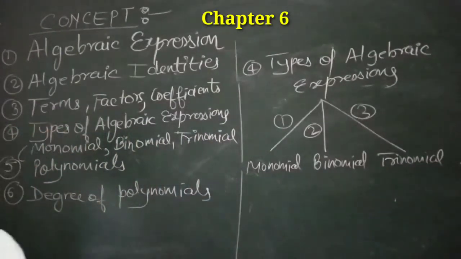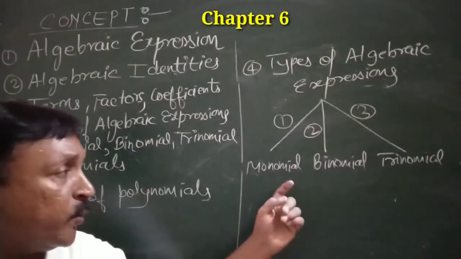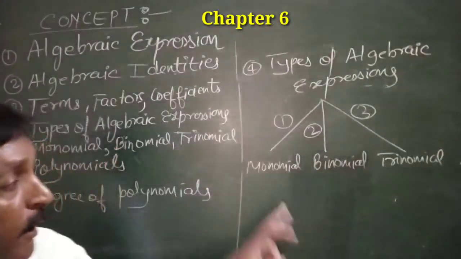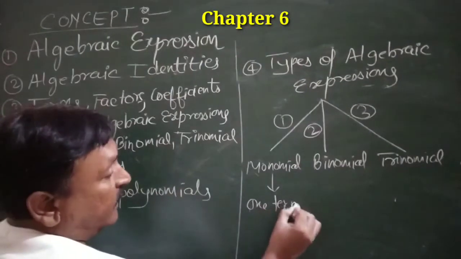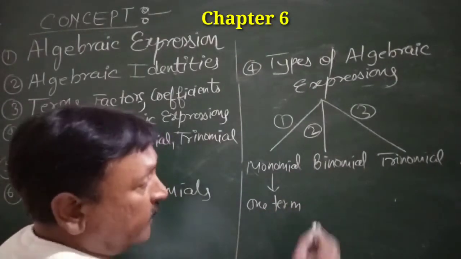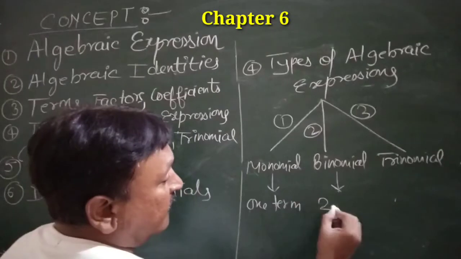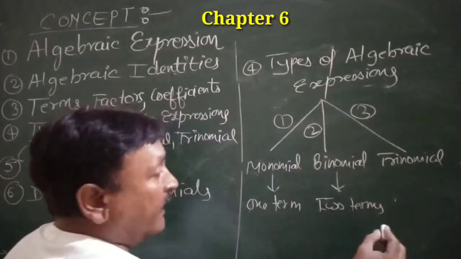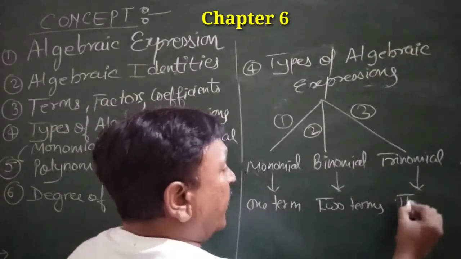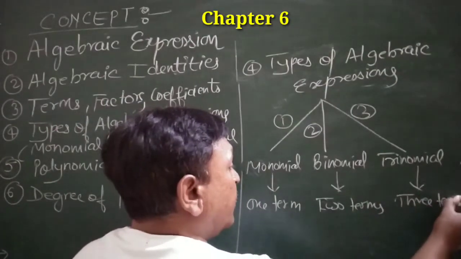So algebraic expressions have three basic types: monomial, binomial and trinomial. Mono means this expression will have one term. Binomial means this expression will have two terms. And trinomial means this expression will have three terms.